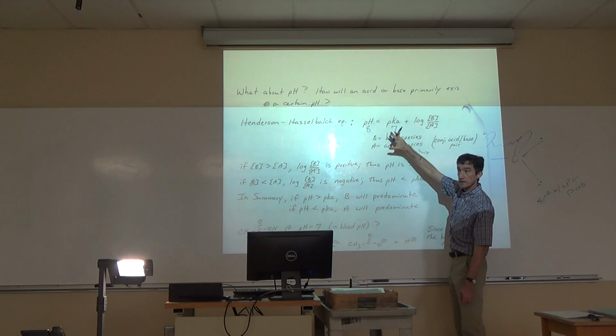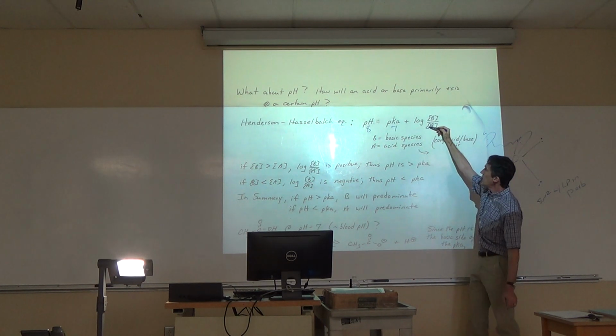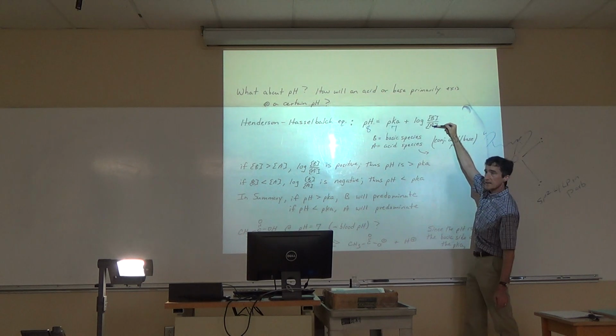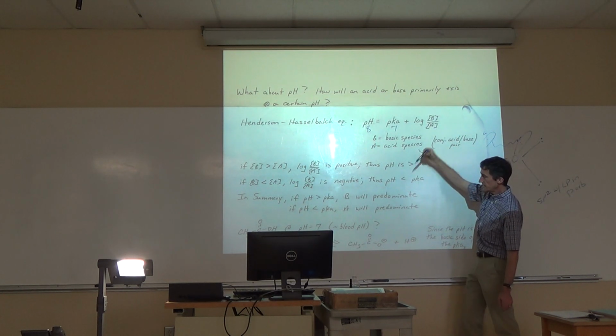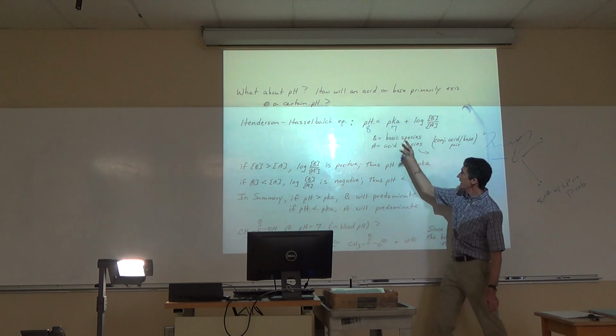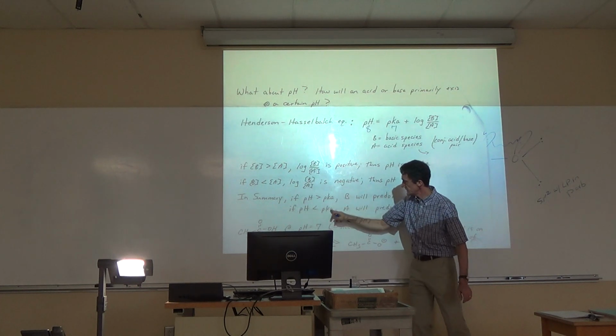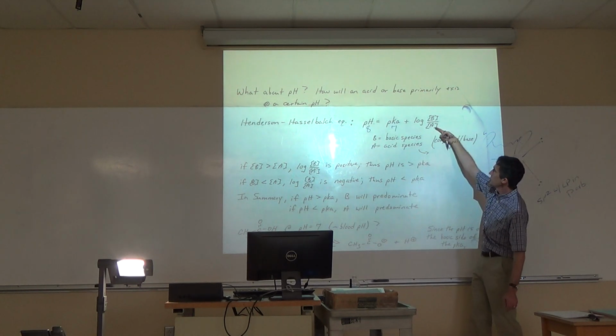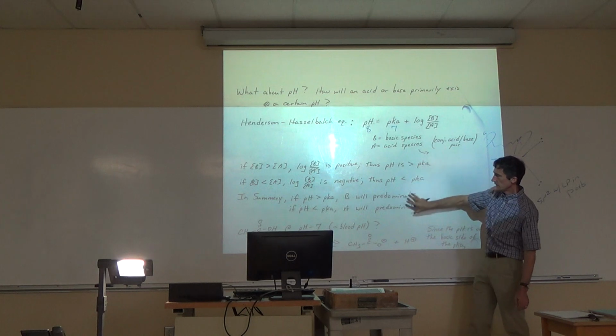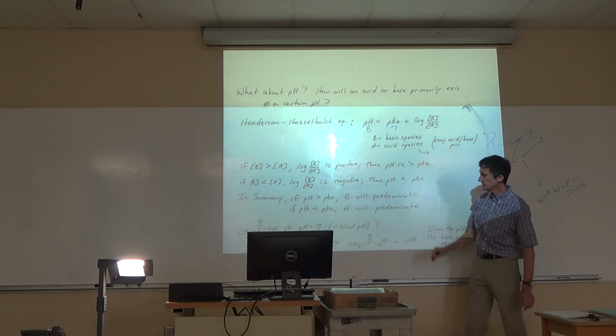Because 7 plus 1 would be 8. Well, the only way this is going to equal 1 is for B to be greater than A. Okay? That's where this comes from. Now, on the other hand, if we reverse this, if pH is less than pKa, A will have to be larger. All right? That just comes from the math, but that's a summary statement.